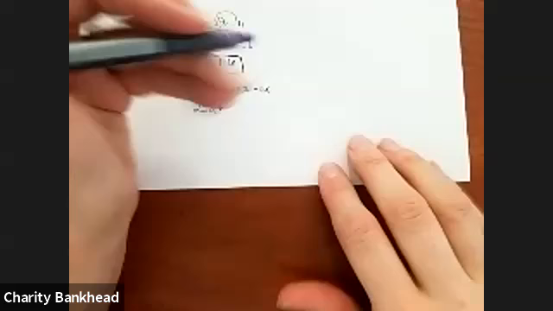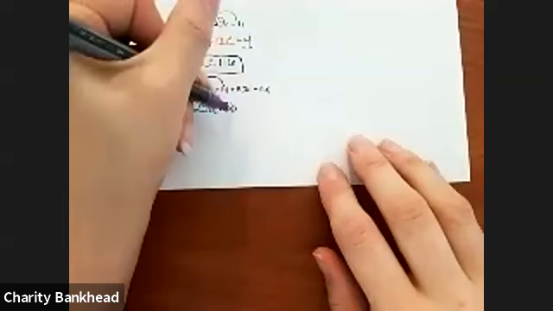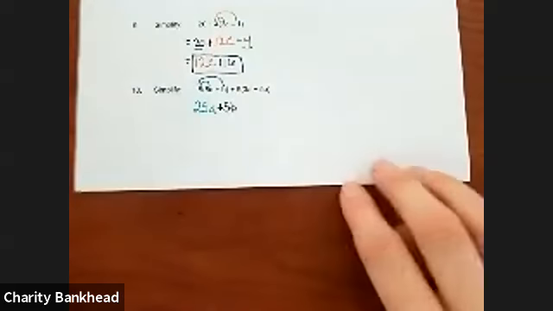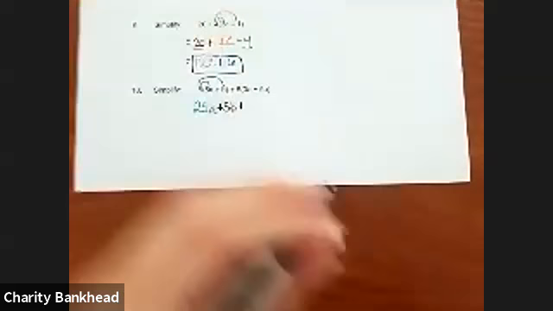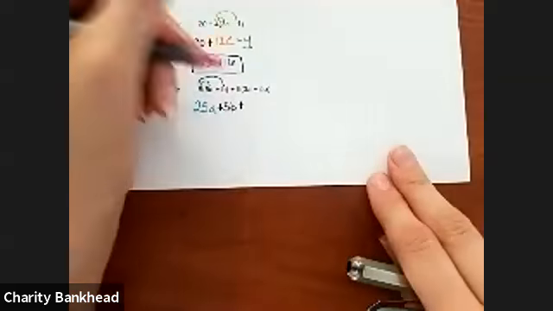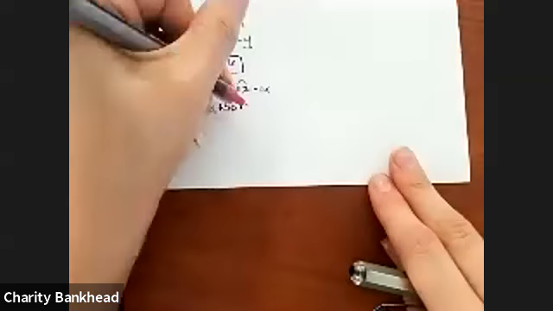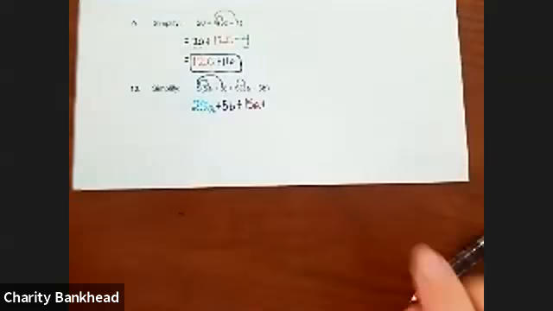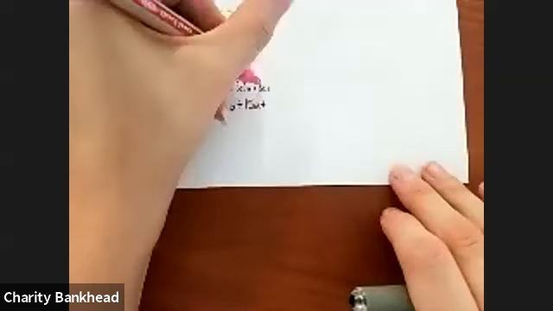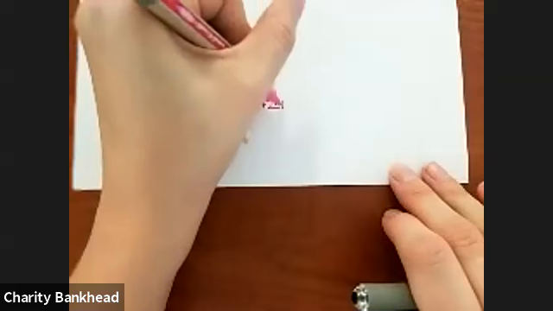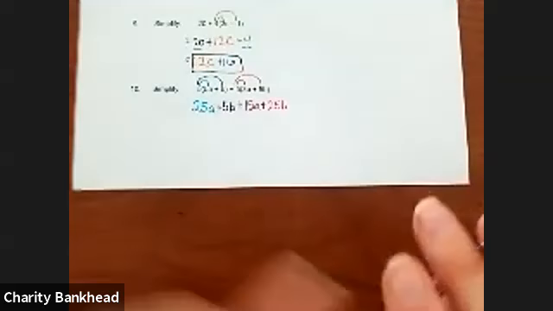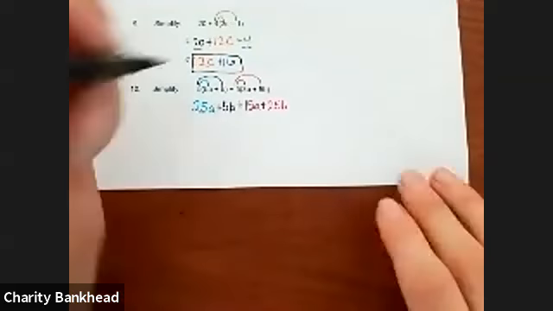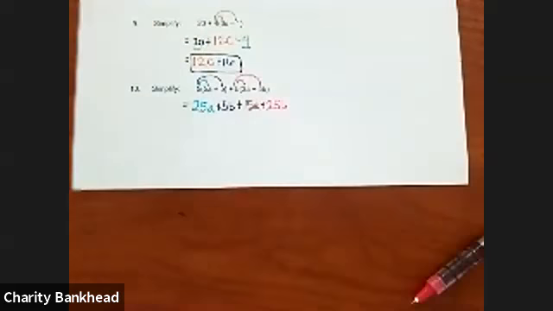So I've got 25a plus 5b plus, and then I need to distribute this 5 here. So 5 times 3a would be 15a plus, and then 5 times 5b would be 25b. All right, so I have 25a plus 5b plus 15a plus 25b.